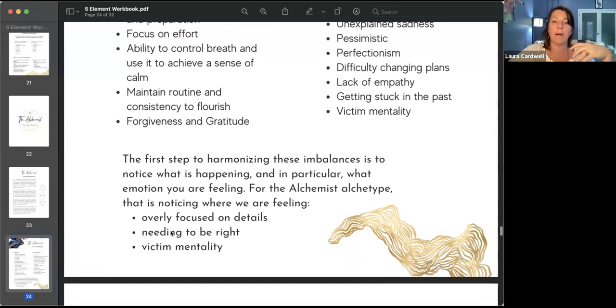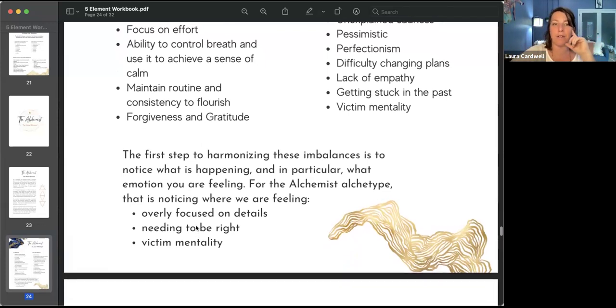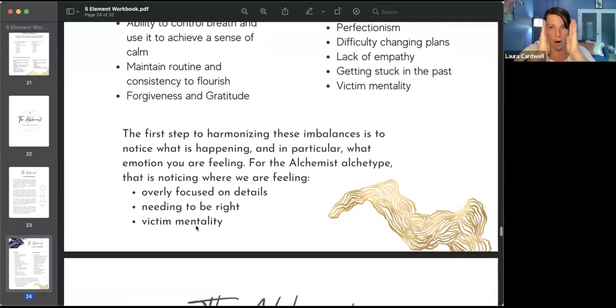And so you really want to be listening, with metal, to people that get over-focused on the detail, can look a little bit too logical, or like it needs to be perfect and in order. Perfectionism can live here, needing it to be right. As a type, they can be a little bit hard to lead, because if you're not a great leader, then they will not be able to follow you.